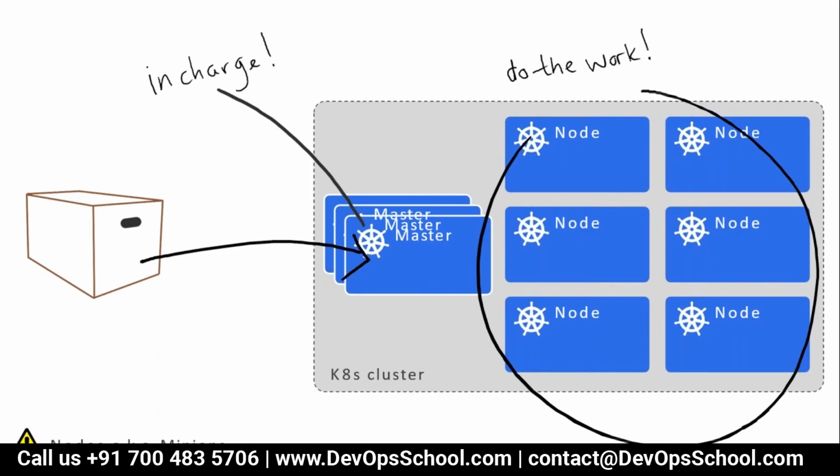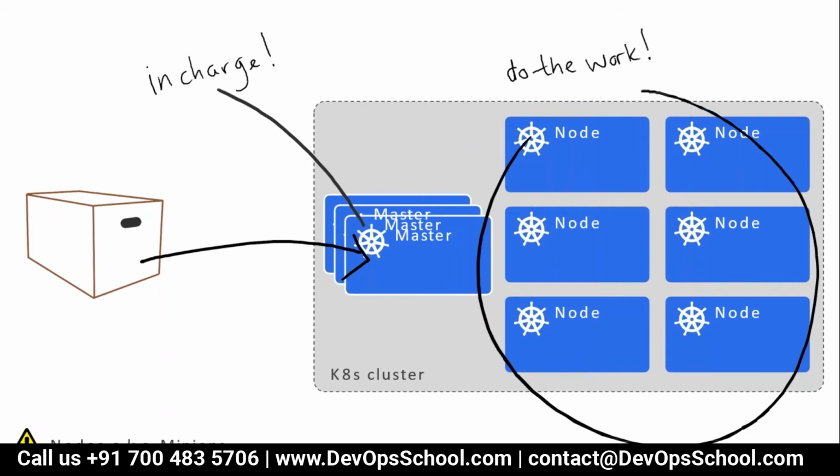When I say real work, I mean running the container, but here we run the container in a pod. Now what is a pod? I'll come back to that in a later section, but right now in the Kubernetes cluster, you have a master, you have multiple nodes, and you may have multiple masters for HA, high availability.